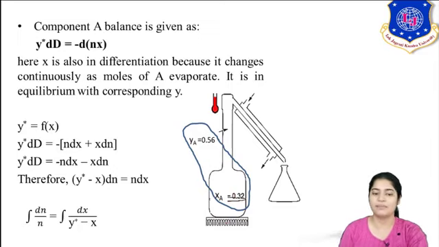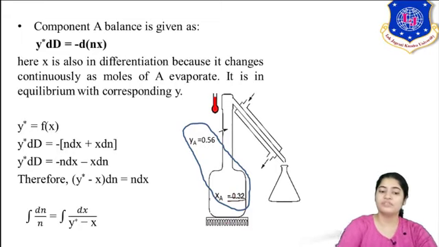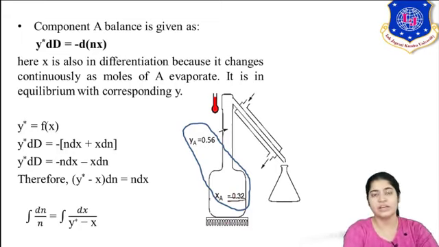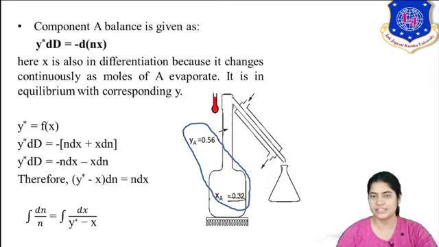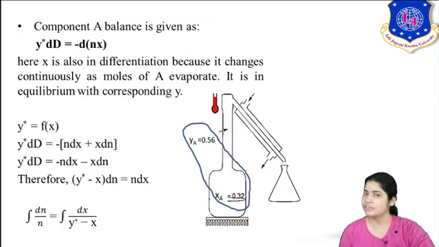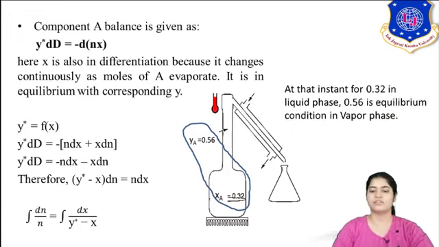So 0.56 and 0.32 are the equilibrium compositions. This vapor having a composition of 0.56 is taken out, condensed and collected in the distillate. Now more vapors will form whose composition would be different, and for that composition again there will be an equilibrium condition in the liquid phase. This is how it progresses.